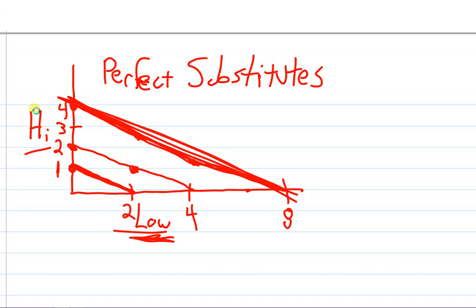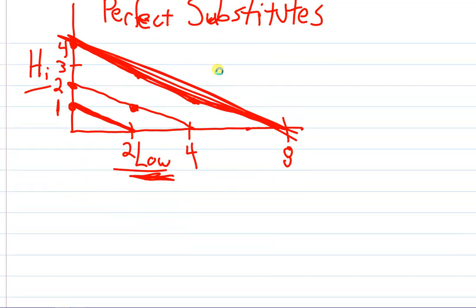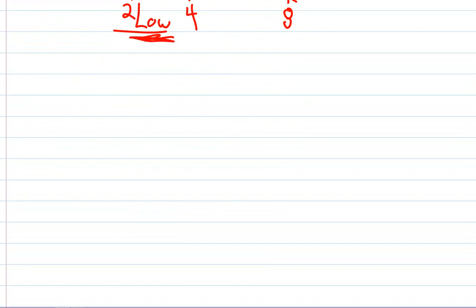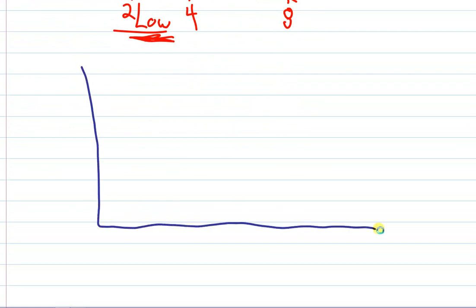The opposite case of perfect substitutes is a production process where you might need perfect complements. So there's a lot of similarity in the thinking here between consumption and production.